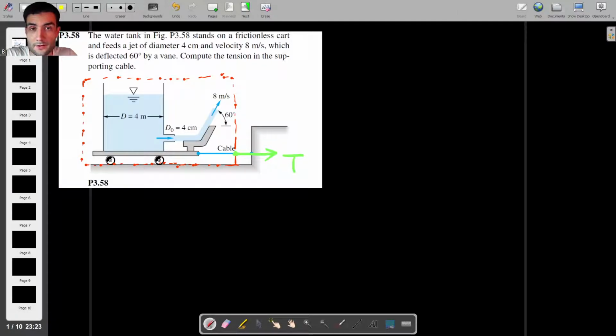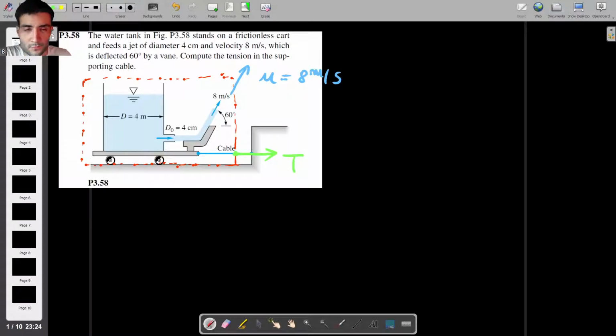And other than that, we have the water jet leaving our control volume at an angle of 60 degrees. So this is the velocity. Let's call this u equals 8 meters per second, and we know the angle of 60 degrees as well.